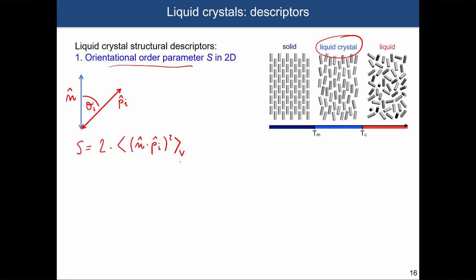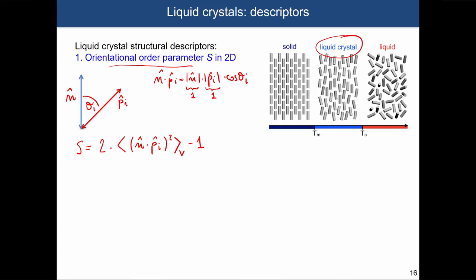What that means is that I'm averaging this value over all of the molecules within the crystal. First we will calculate what n times pi is. It is equal to the magnitude of n times the magnitude of pi times cosine of the angle theta i. And by definition, the length of these vectors is equal to 1.